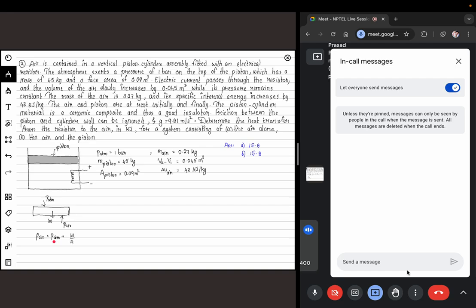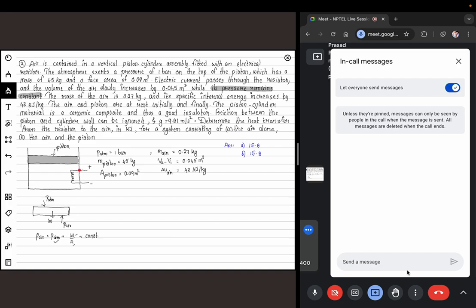Since atmospheric pressure is constant, the weight of the piston is not changing, and area is not changing, this is equal to a constant. We have specified this explicitly here, saying that its pressure remains constant, which may not always be given, but from seeing the problem you should be able to make out that pressure is constant.